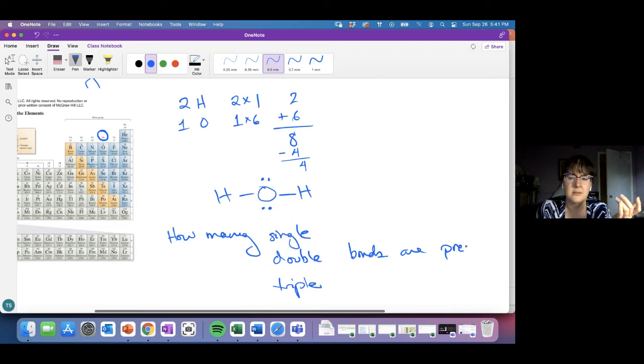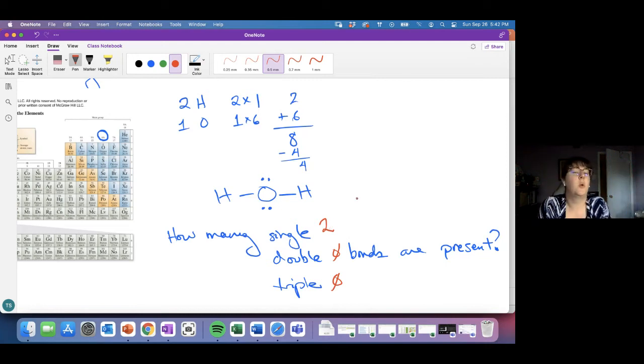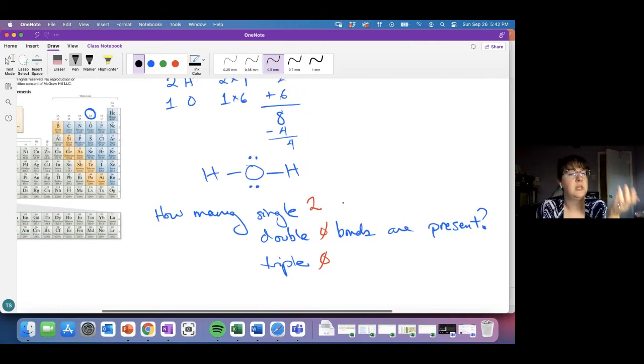And I realize that for water, this may seem silly, but again, for double bonds, it has none. For triple bonds, it has none. For single bonds, I have 2. So I could answer questions about the molecule without actually asking to see it.